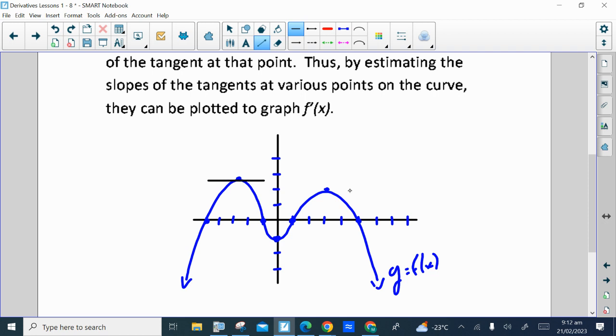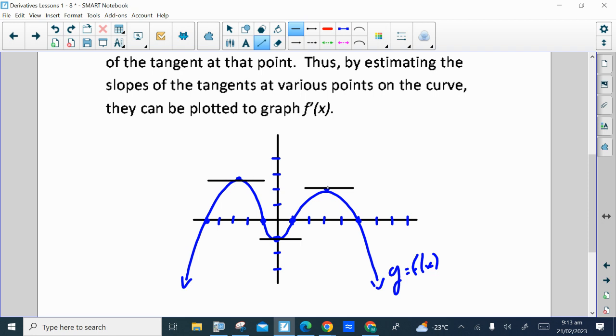So the tangent line would look like that and like that, horizontal lines. Same as this local minimum down there, the tangent line will be a horizontal line. And a horizontal line has a slope of 0. And remember, the derivative tells you the slope of the tangent.